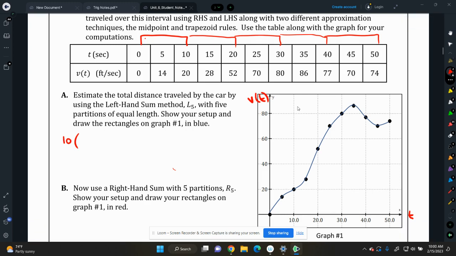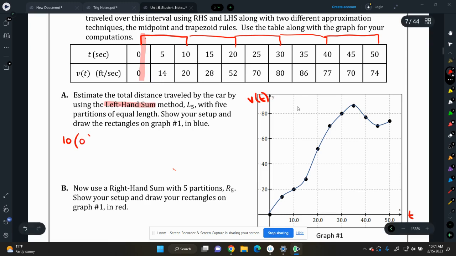I can do each separate rectangle, but I don't have to. We're looking at the left-hand sum. So when I look at my rectangle, I'm looking at the left side of that rectangle. What's the y value for the left-hand side of that rectangle? 0.